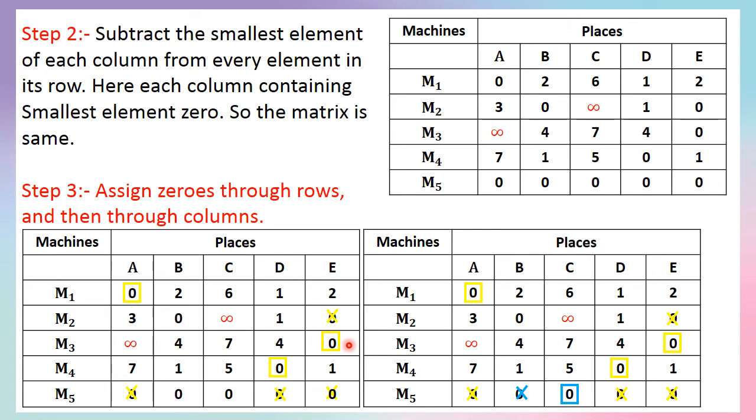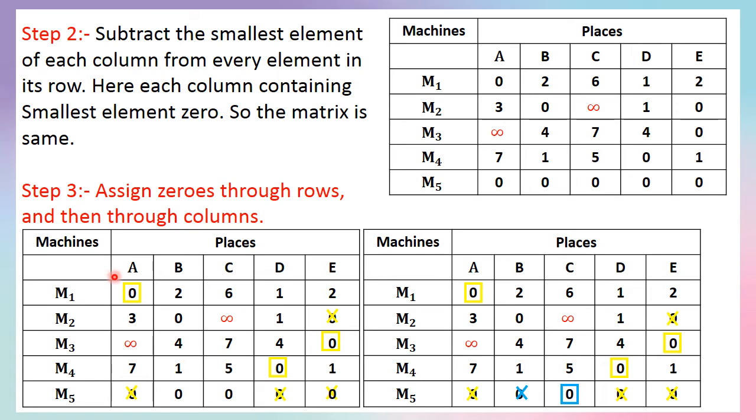The third row has exactly a single 0 and we made the assignment and crossed out the zeros in the column. And then the fourth row also has exactly a single 0, so we assigned and crossed out the remaining 0 in the respective column. In the fifth row, three zeros are already crossed out, but still there are 2 zeros, more than one 0, so we cannot make the assignment now.